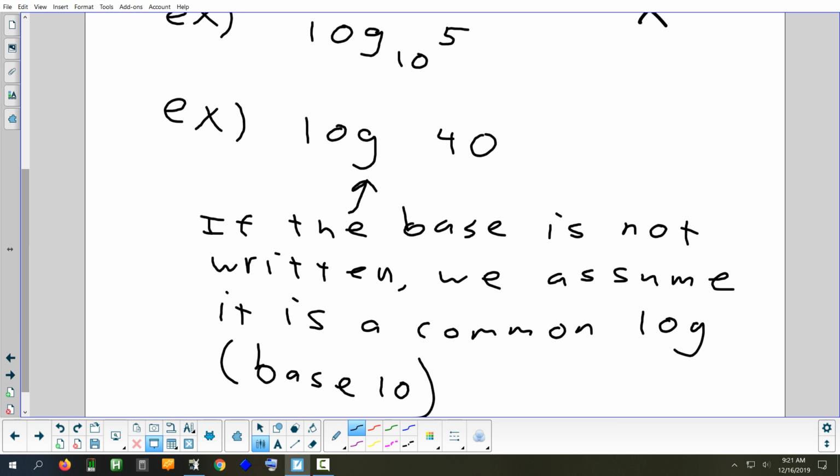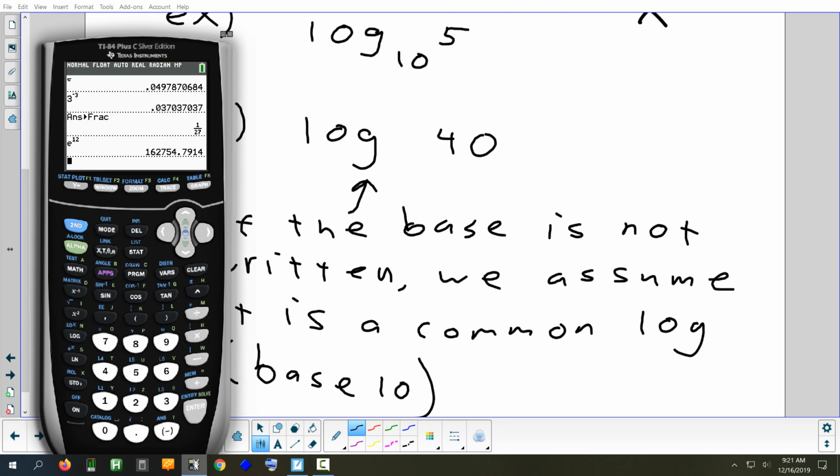So when I press the log button on my calculator and type in log of 50, it didn't put a base. Since it didn't put a base, it's doing the common log. So by pressing a button on the calculator, there are only two logs it can do directly: base 10 or base e.